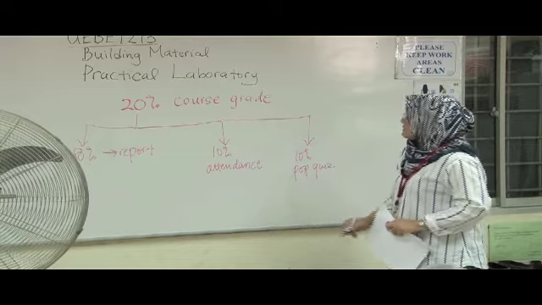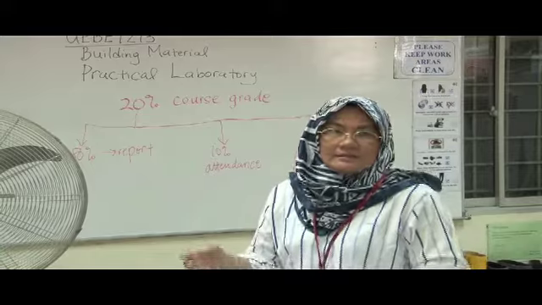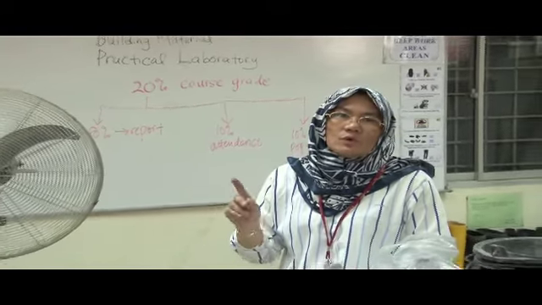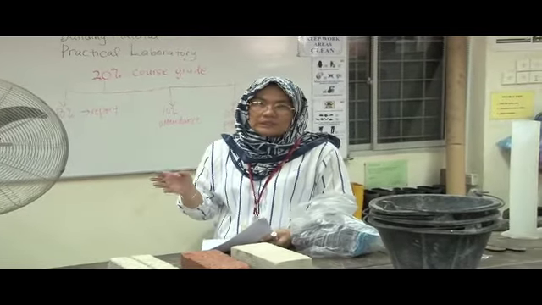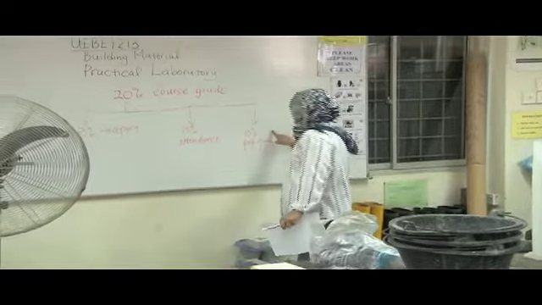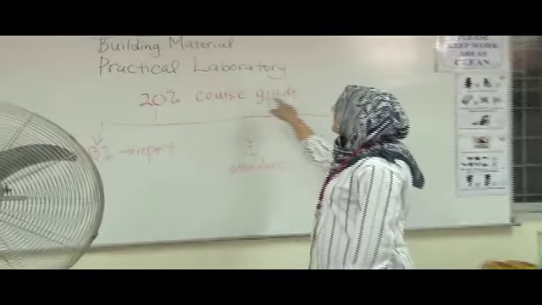Before your laboratory starts, at the beginning, you'll be given one simple question, which is based on the manuals that you've gone through. I'll give you just one question, don't worry. So overall, this 20% will be your course grade.